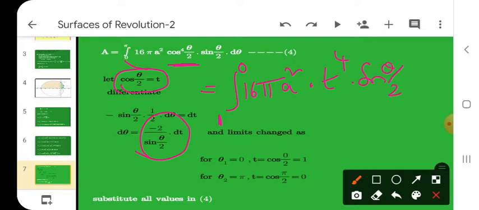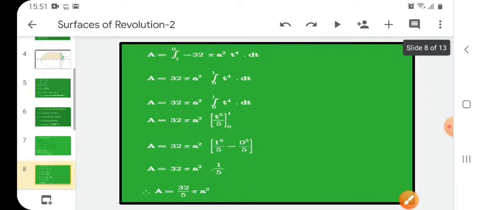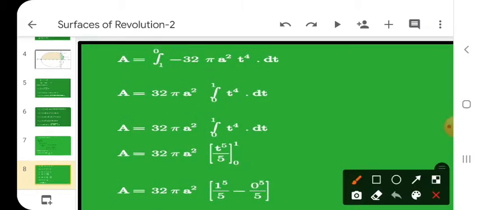Sin theta by 2 into d theta, which is minus 2 by sin theta by 2 dt. Now sin cancels. Next 16 into minus 2 is minus 32 pi a square t power 4 dt.